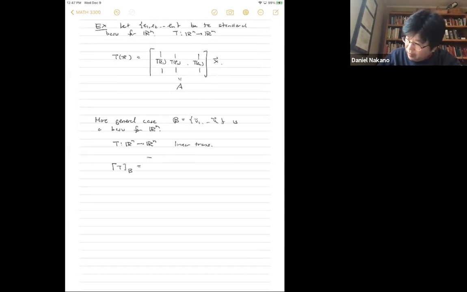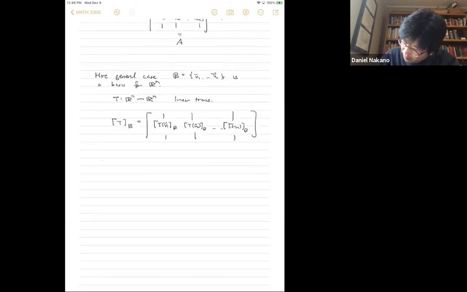And what you do is you write the coordinate vector of T of V1 with respect to beta and put it down the column, T of V2 with respect to beta and write it down the column, and T of Vn with respect to beta, and write it down the column.